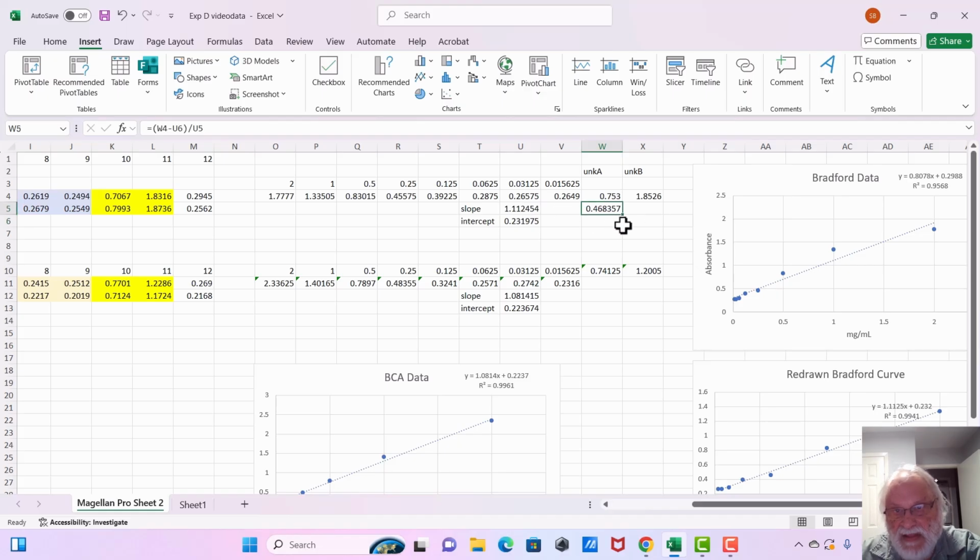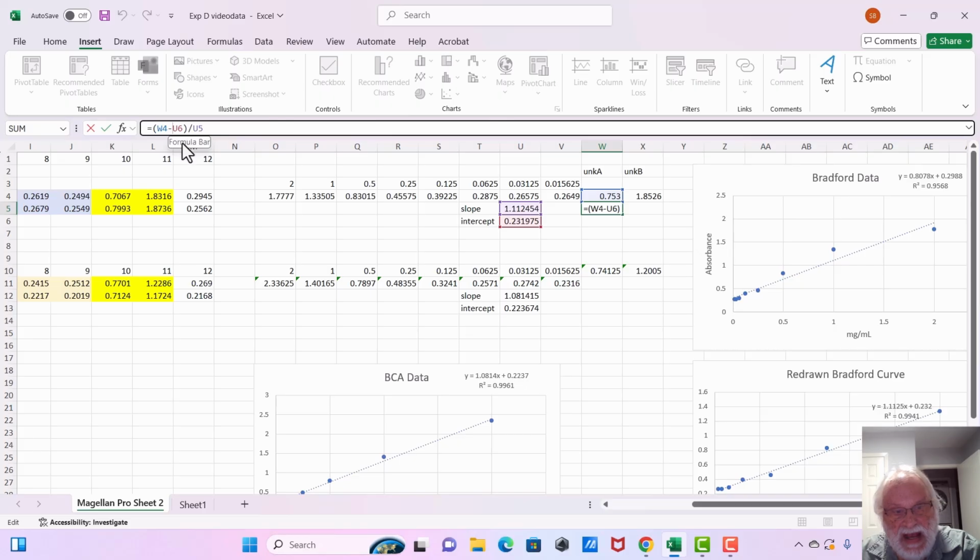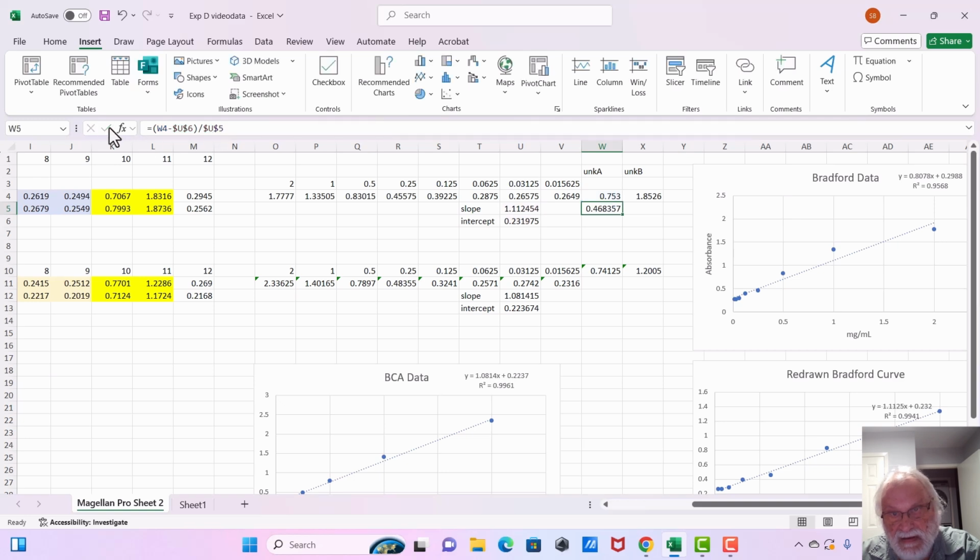So there we have the concentration of that sample. And since we're going to be copying things, if you put a dollar sign by a value, that means that it won't move. If you copy it, it'll be the same value. And we'll copy it over to here.